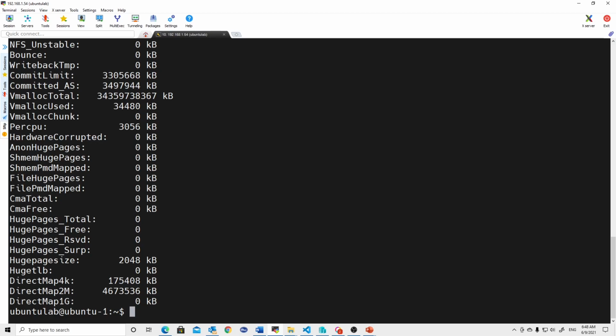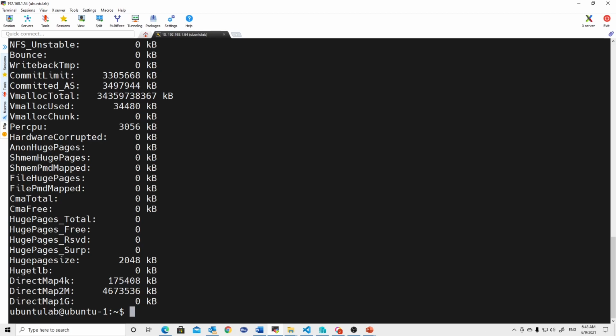CommitLimit: total memory available to be used, including overcommission. Committed_AS: total memory presently allocated whether or not it is used. VmallocTotal: total memory available in kernel for vmalloc allocation. VmallocUsed: memory actually used by vmalloc allocation. VmallocChunk: largest possible contiguous vmalloc area. HugePages_Total: total size of the huge page pool.